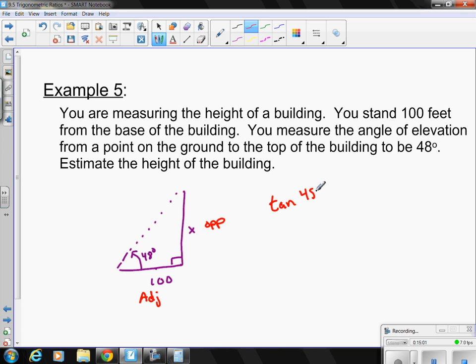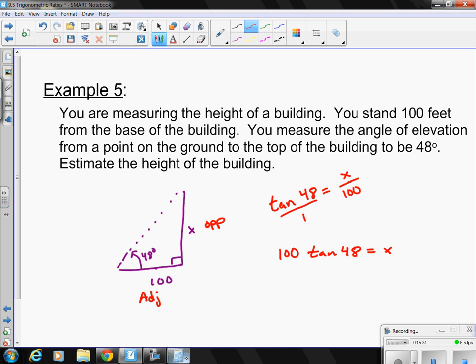So I know the tangent of 48 degrees has to equal, in this case, we're looking for x, and we know the adjacent side. So now I can solve for x to get x by itself. I can put this over 1 so that I can cross multiply and divide, or basically 100 times the tangent of 48, and that's going to tell me what x is.